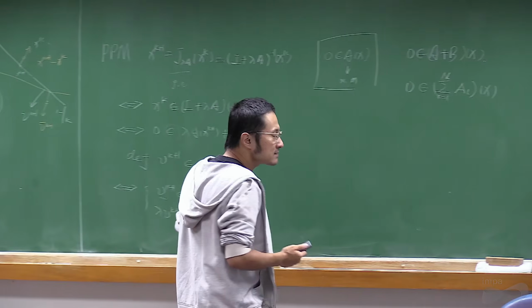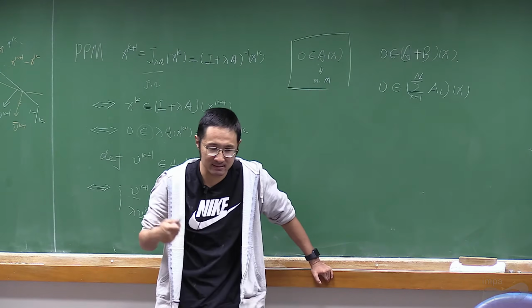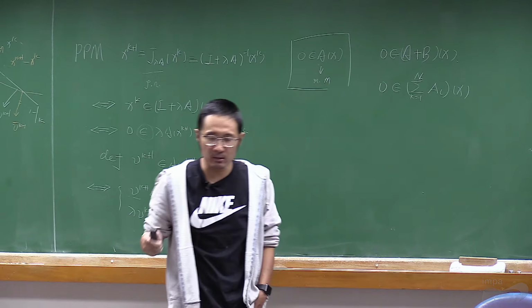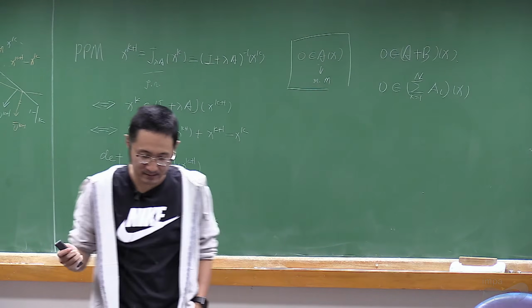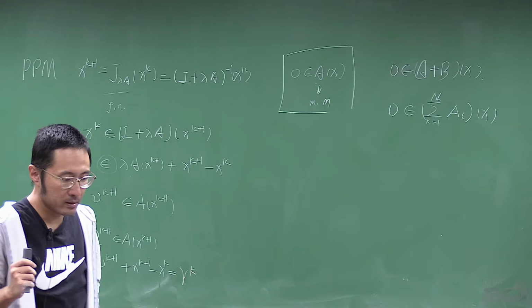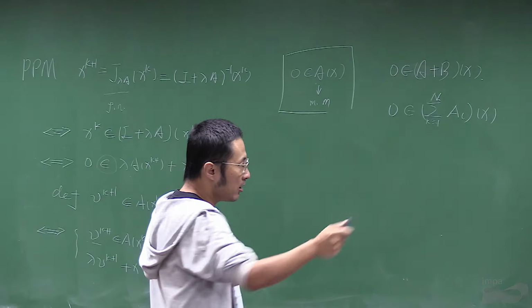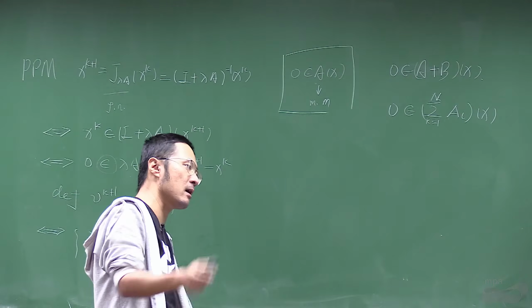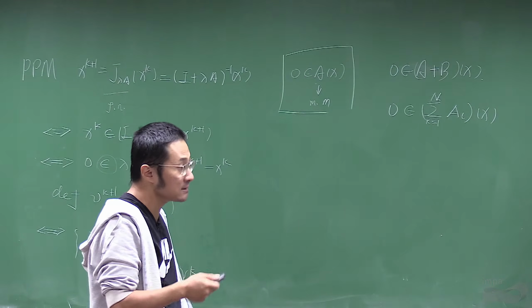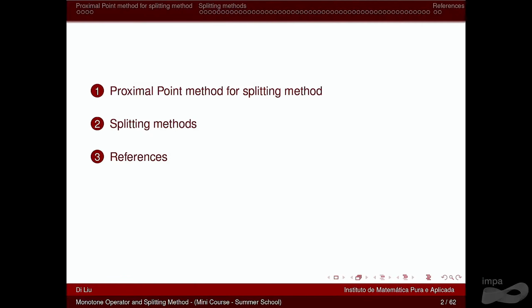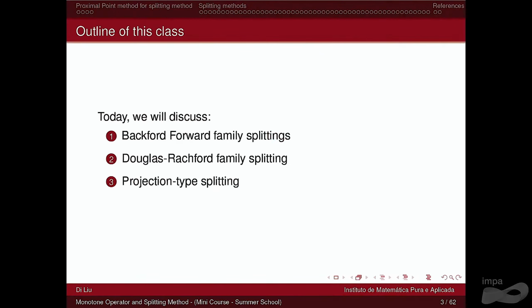They have similar theoretical properties, but the algorithms for solving the inclusion problem with many operators are totally different from the methods we have analyzed before. So we will talk about three topics from different perspectives.